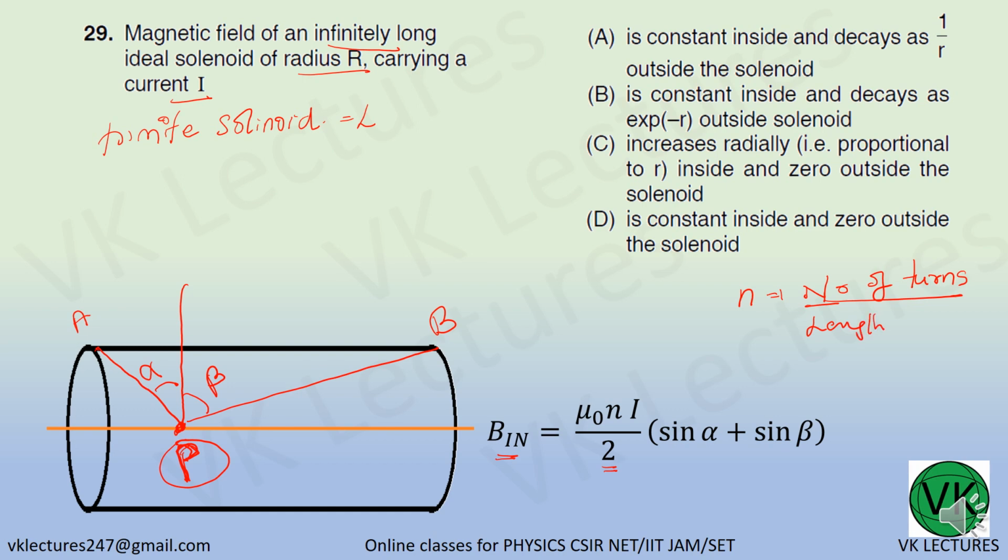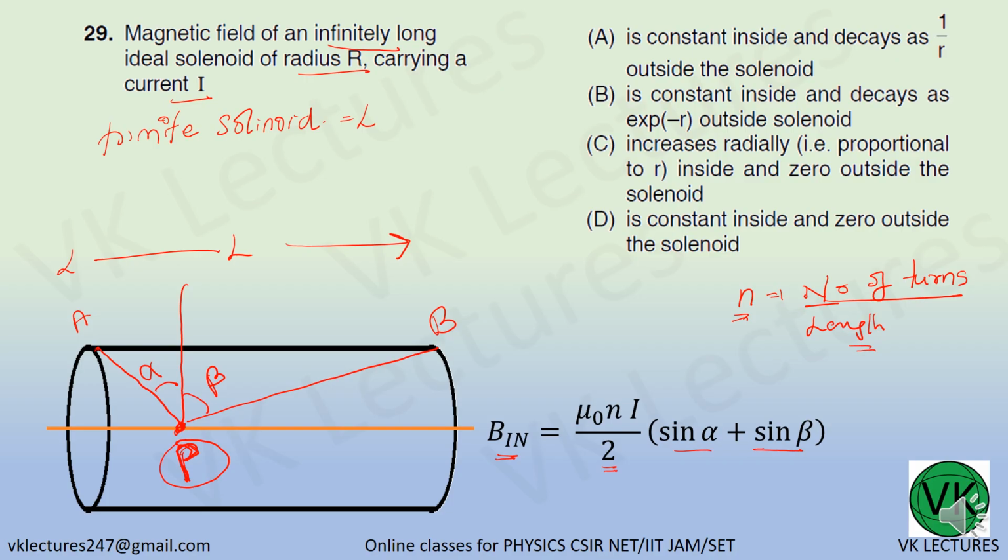If it is of length L, that much length. Okay, so n is number of turns per unit length. So mu naught n I, where I is the current, by 2 into sine alpha plus sine beta.